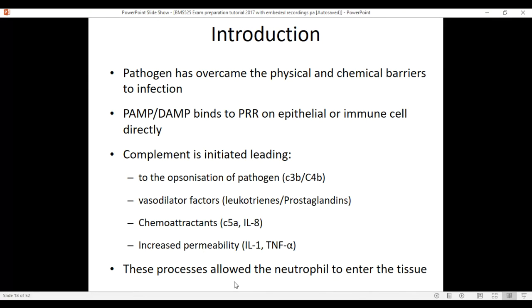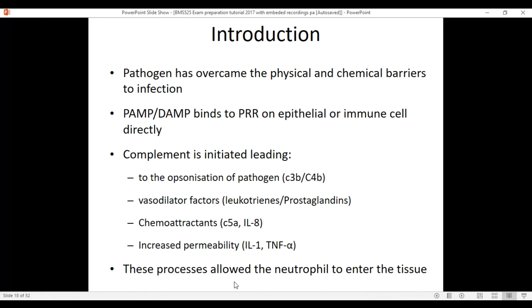Okay, so at that point, what we've talked about is the pathogen has infected the body, caused initiation of the immune response due to PAMPs binding PRRs, and what happened after that was complement increased the blood flow to the site of infection, and chemoattractants ensured that the right blood cell got to the site of infection, and they've made their way into the infected tissue where they are about to phagocytose the pathogen.